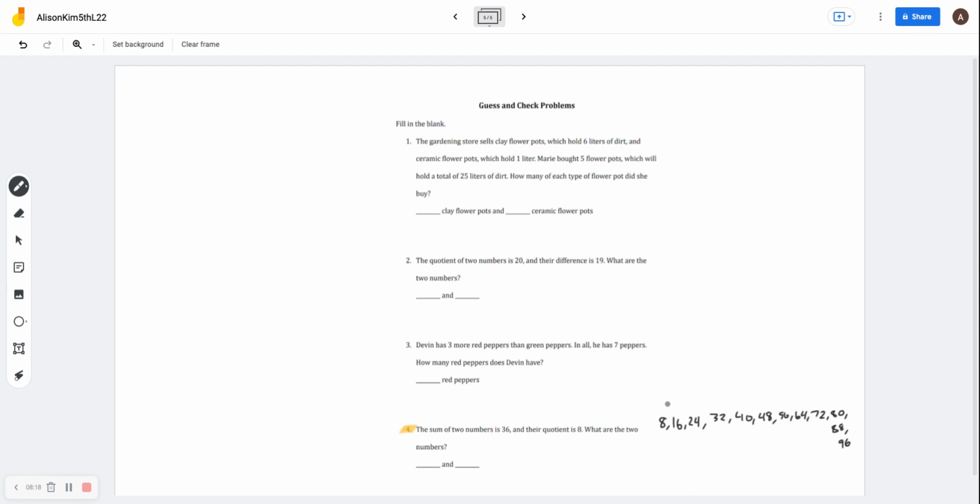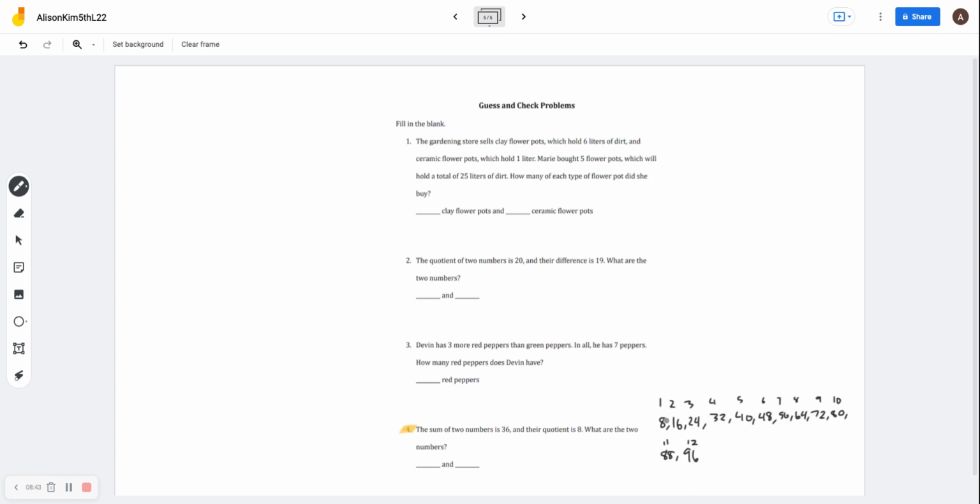Don't get confused. So let's put 88 and then 96. Let's put the x values: 1, 2, 3, 4, 5, 6, 7, 8, 9, 10, 11, 12.